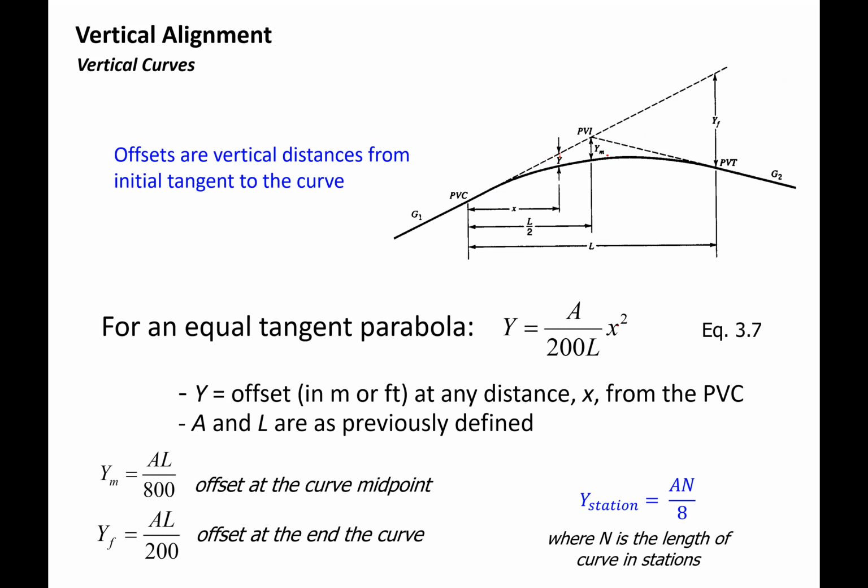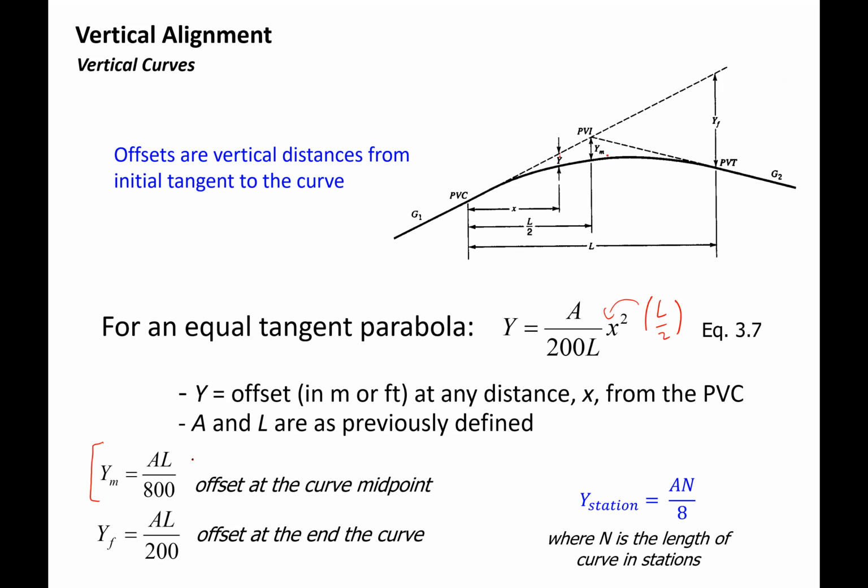My x in this case is L over 2, and if I put L over 2 in for x, I'm going to end up with an L squared over 4. So one of those L's will drop out, and I've got a 200 times 4 in the denominator, which leaves me with this equation down here.